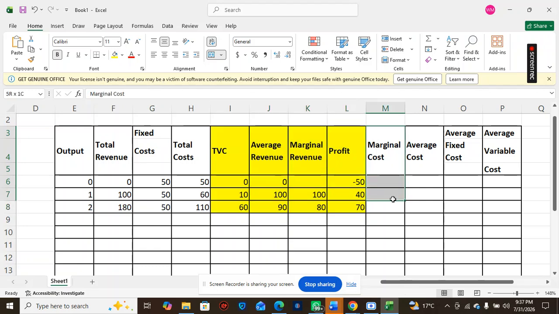Next, we're going to marginal cost, which is the extra cost per unit. Marginal revenue is extra revenue per unit, marginal cost is extra cost per unit. When we have 0 units, there's no marginal revenue there.